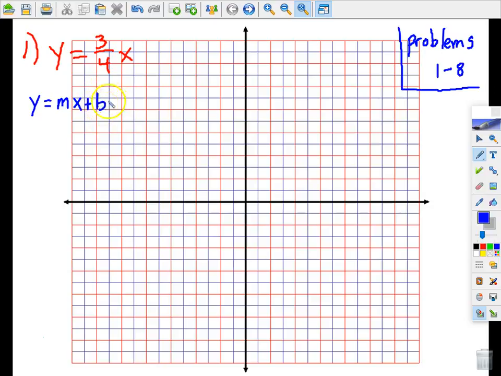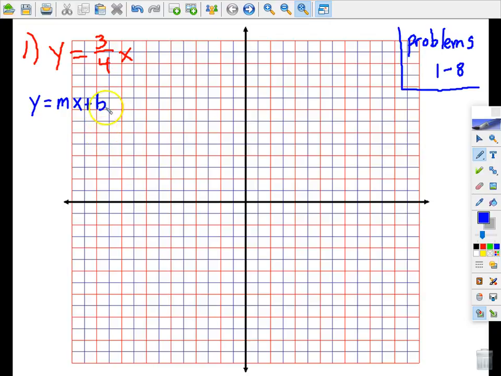All right. And relating to this first example, there is no b number showing. And so obviously it's understood that the y-intercept is 0. So I just want to remind you that you can think of the b in this equation form as the beginning, and we always begin by plotting whatever this number is on the y-axis.